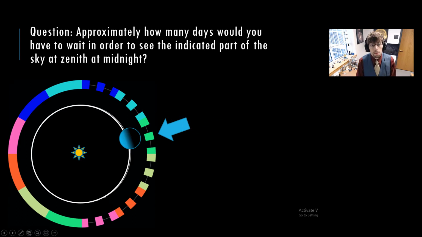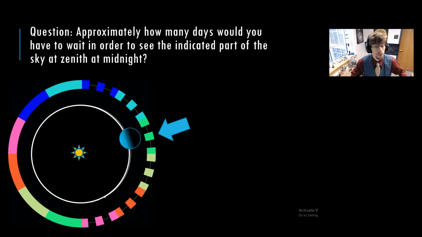So the question: approximately how many days would have to pass in order to see, let's say, the green dashed portion of the sky at night at zenith? So go ahead, take a gander at that. Yeah, you got an idea? Good.